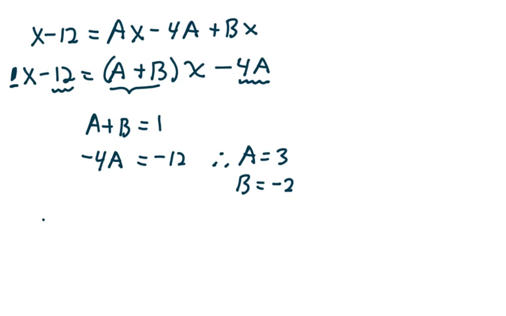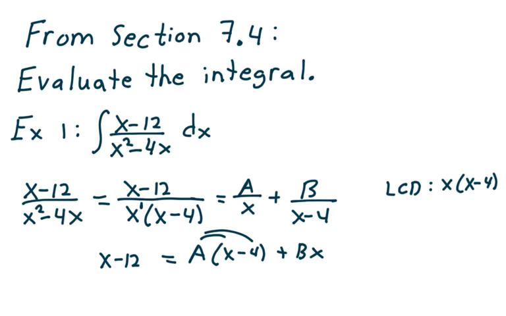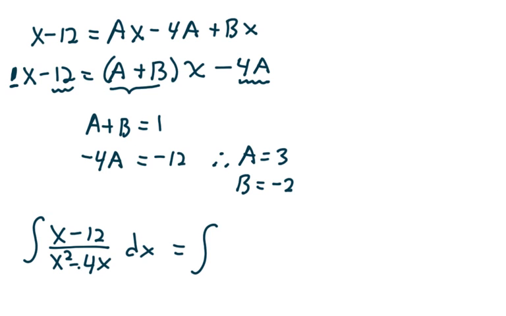And so the integral of (x - 12) divided by (x² - 4x) dx is the integral of, now let's go back, A is equal to 3, so we get 3 over x. B is -2, so we get minus 2 over (x - 4) dx.